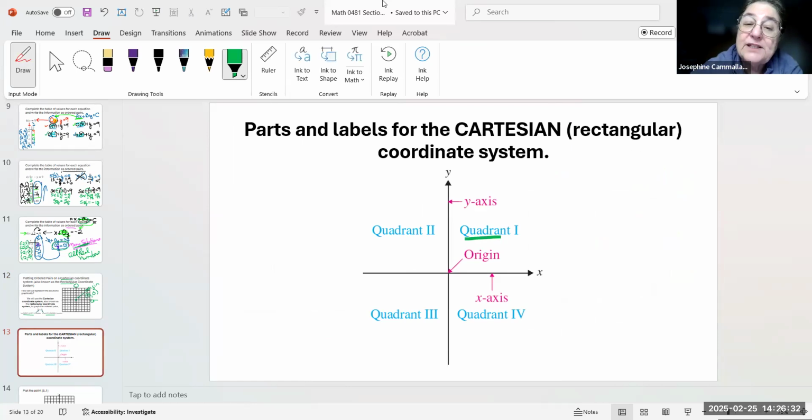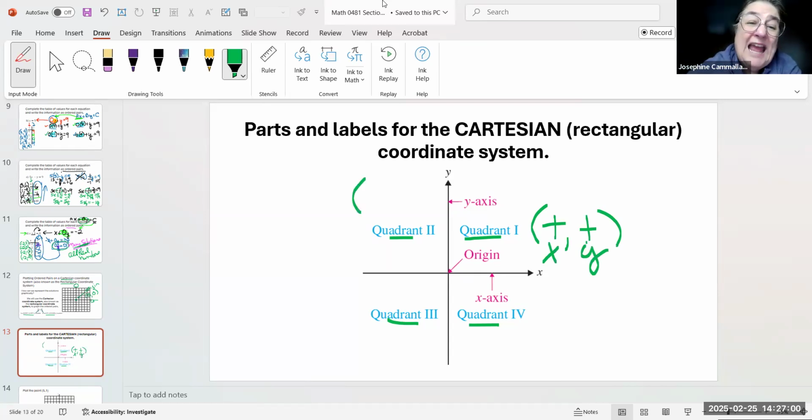The quadrants. Okay. Now, this may not seem very important in 481, but 482 and any 1400 course, quadrants become real important. And you have to know that quadrant 1 has a positive x and a positive y.